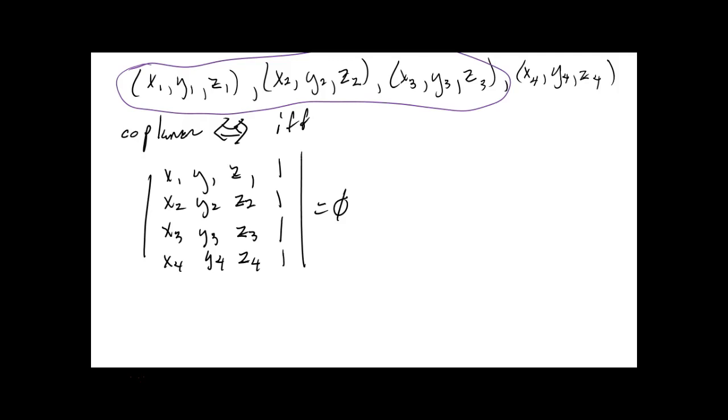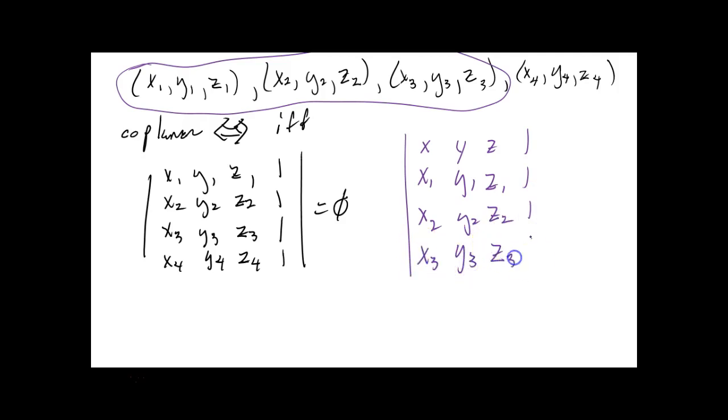And then we do a determinant a lot like this one, only not quite. We do the determinant of x, y, z, 1, x1, y1, z1, 1, x2, y2, z2, 1, and x3, y3, z3, 1.